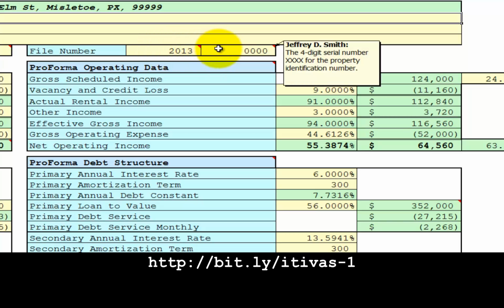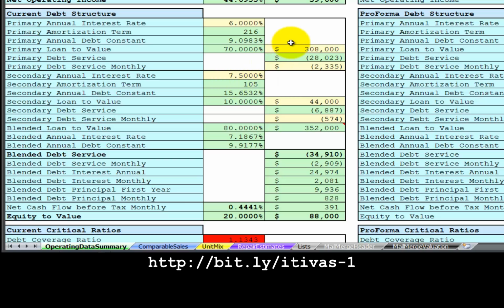The spreadsheet calculates the remaining amortization periods based on the input loan balance and debt service and interest rate. The spreadsheet also calculates the blended loan-to-value and the blended annual interest rate and the blended annual debt constant. The debt service is the sum of the primary debt service and the secondary debt service.